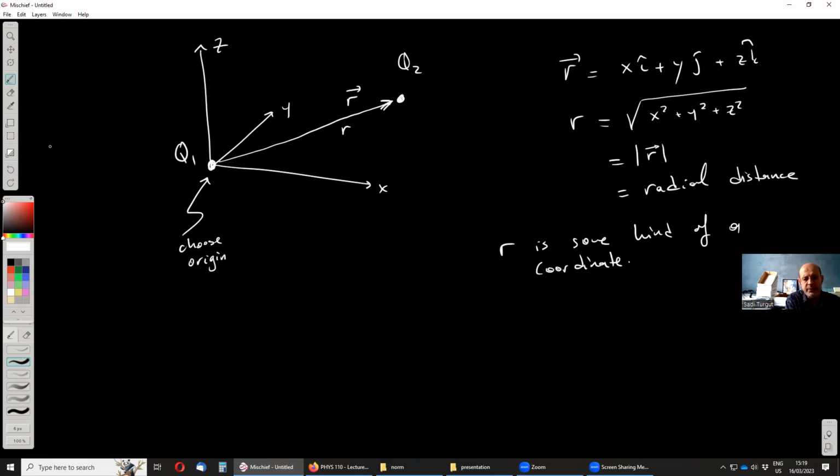Just like the x, y, and z coordinates, where we have a unit vector along each coordinate direction, for example the i unit vector is the unit vector along the x-axis, similar to that I'm going to define a unit vector along the radial direction. So r hat is what I call the radial unit vector.